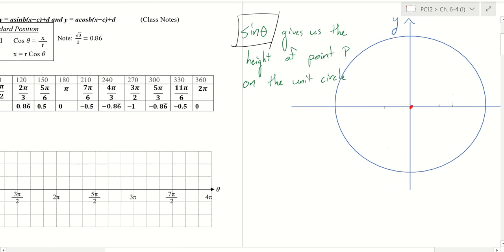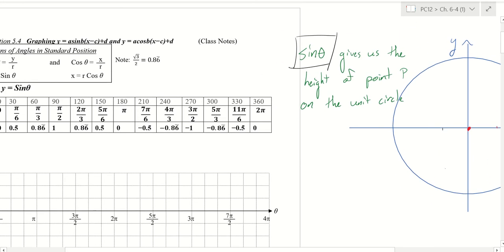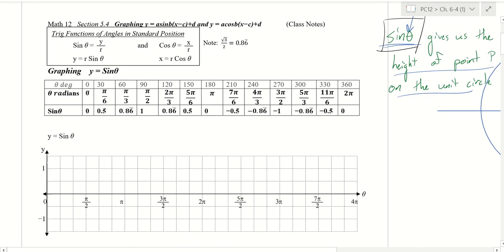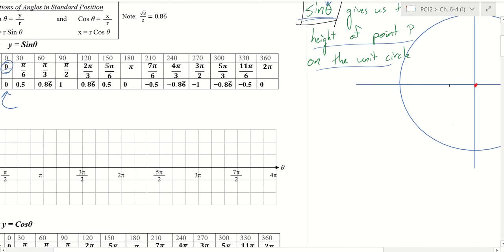Good. All right. So remember, what sine of theta gives us is the height of point P on the unit circle for some specific angle in standard position. So we know that when we have zero radians or 0 degrees of rotation, we have an output value of 0 for sine of theta.